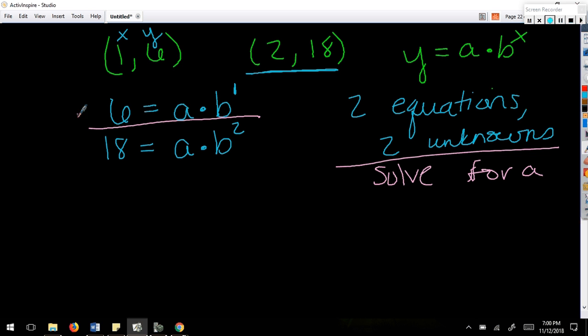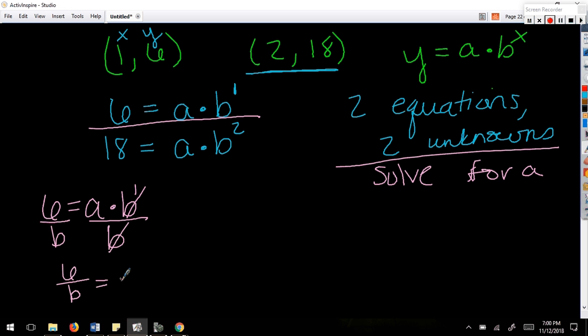So watch what happens. I take this first equation and solve it. So 6 equals a times b to the first. If I solve it for a, you don't really need that power of 1 here because that's implied. So the b's cancel out. So by solving the first equation, a has to be equal to 6 over b, okay?